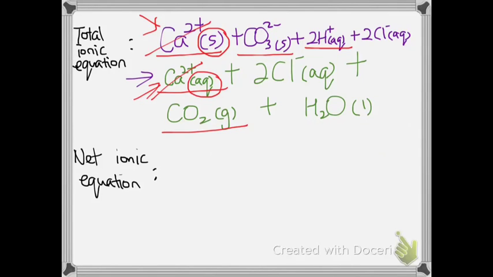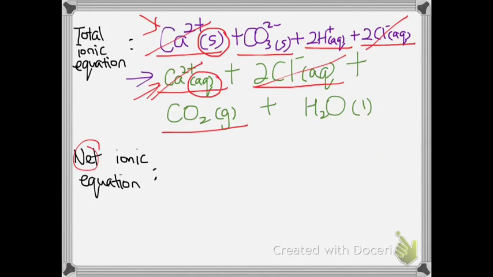Lastly, we see that the chloride appears in the purple reactant side. It also appears in the green product side. And therefore, we can consider it as a spectator ion and cancel it out.